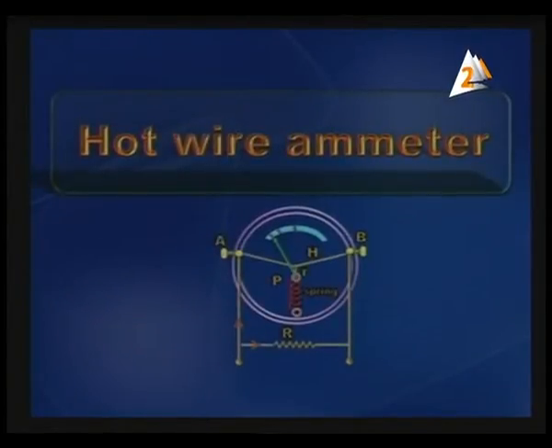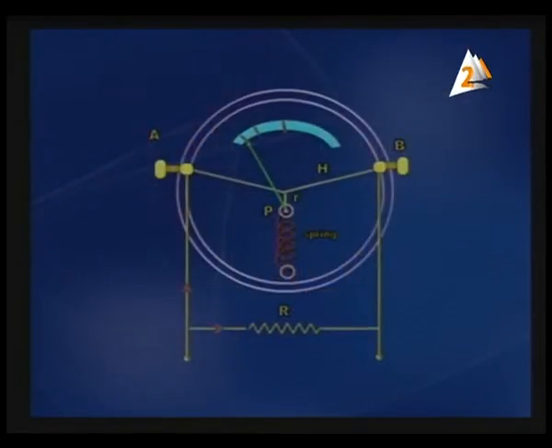And now talking about the hot wire ammeter. Of course, you are familiar with the moving coil galvanometer used for measuring currents. And now we are talking about the hot wire ammeter. We'll start with the structure. In front of you there is a hot wire ammeter.